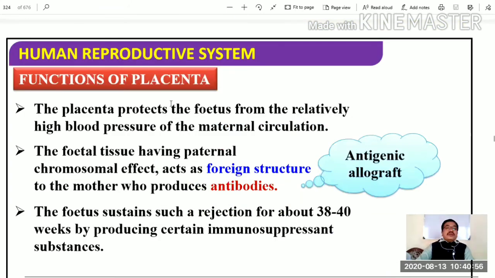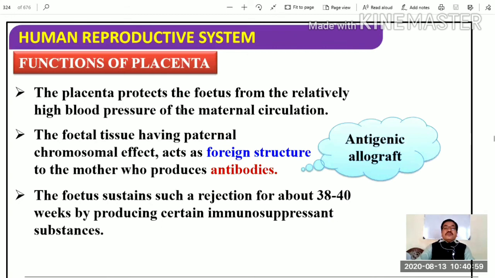The placenta protects the fetus from the relatively high blood pressure of the maternal circulation. If the blood supply is high, then the placenta protects. The fetal tissue having paternal chromosomal effects acts as a foreign structure to the mother, who produces antibodies. So the mother also tries to produce antibodies.